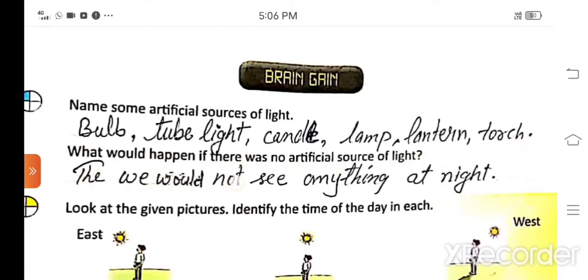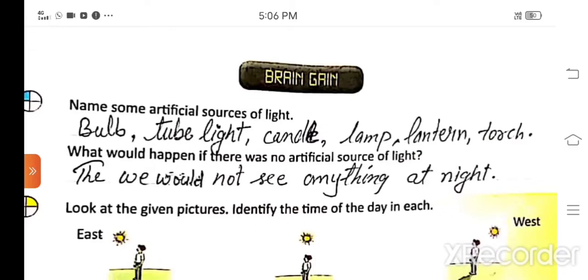What would happen if there was no artificial source of light? Then we would not see anything at night. Dear students, by mistake I have written "the" here. You write here "then", just add n here, then the sentence would be right. Then we would not see anything at night.